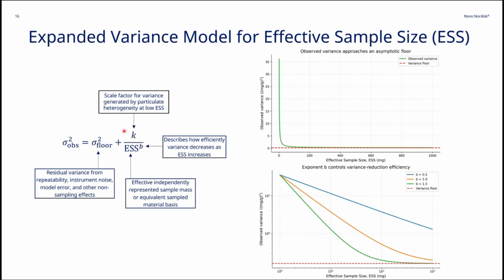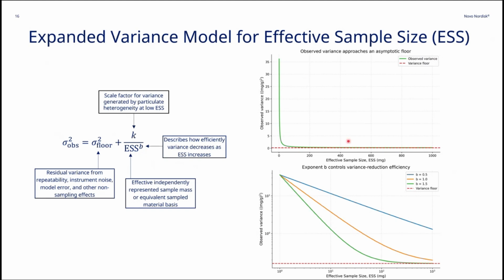Specifically, if you have a very small effective sample size, then this factor becomes very dominant for your final variance result. And then a term called B, or factor B, describes how efficiently, how independent your subsamples are in your effective sample size estimate.